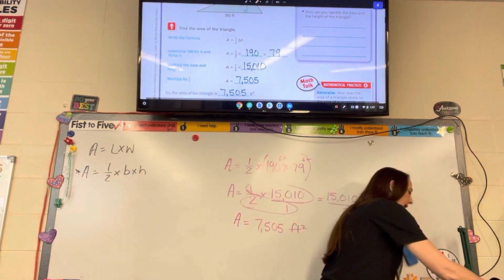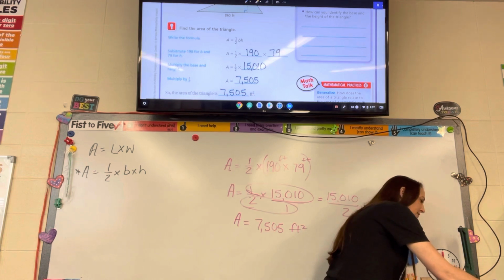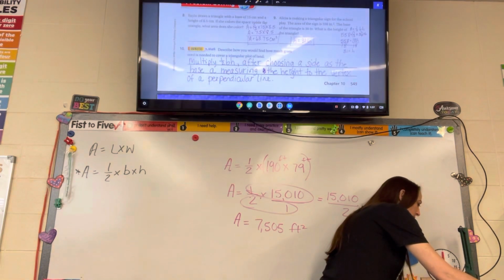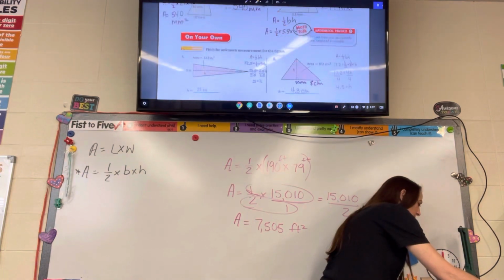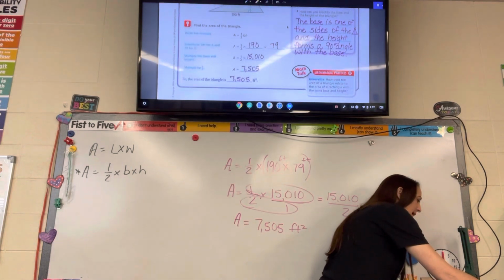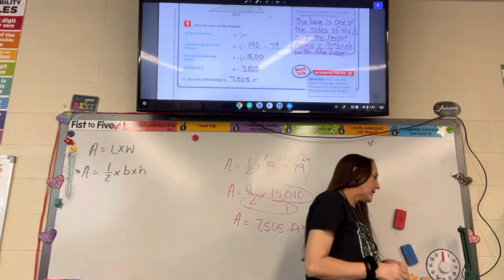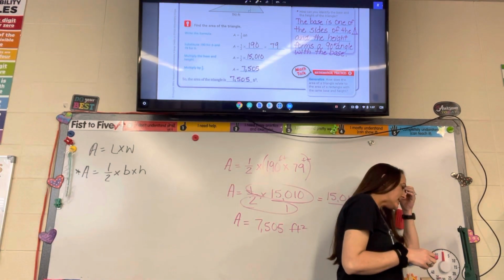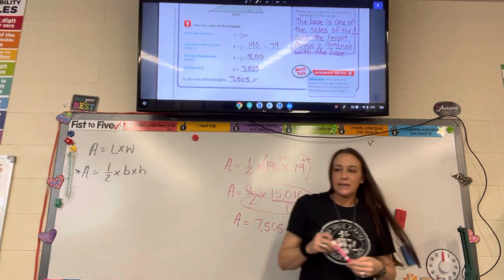Over here at the right, it says, how can you identify the base and height of the triangle? I'm going to have you copy this down.